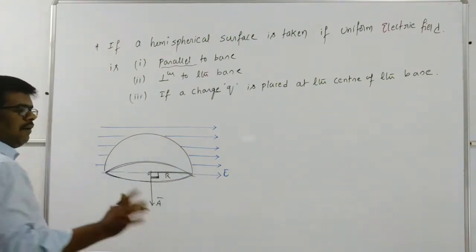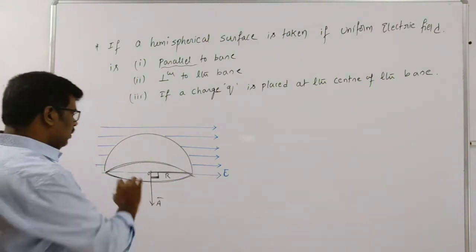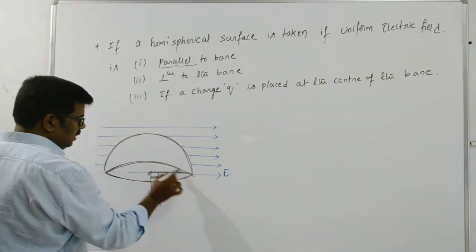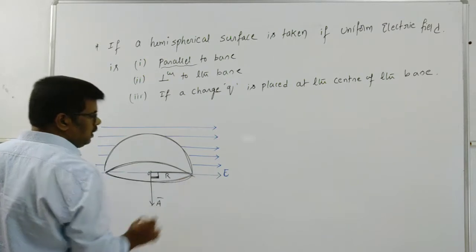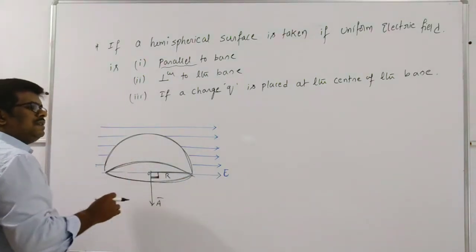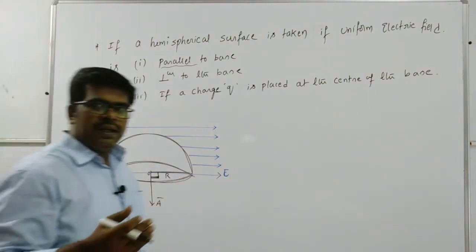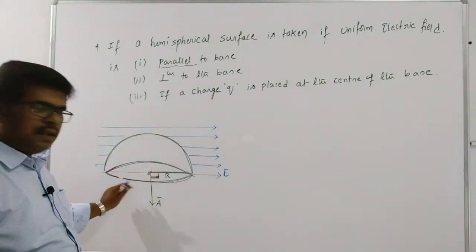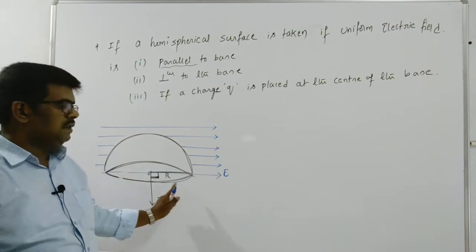This body has two surfaces. One is the curved surface, and the other is the plane surface. So the flux through it is the flux through the curved surface plus the flux through the plane surface.